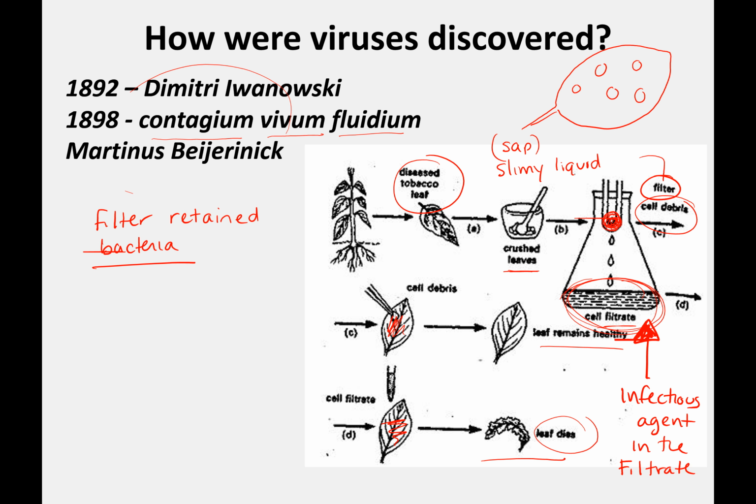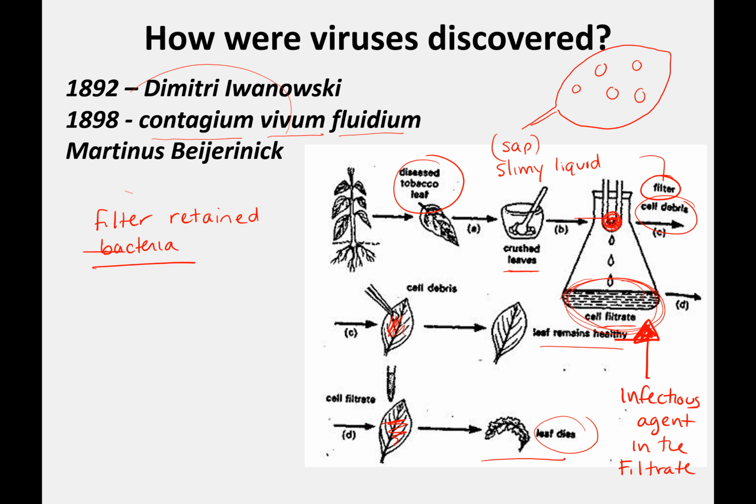This was kind of as far as they got for quite a long time until we could start visualizing and learning that viruses were in fact these particles that were floating around in that filtrate.